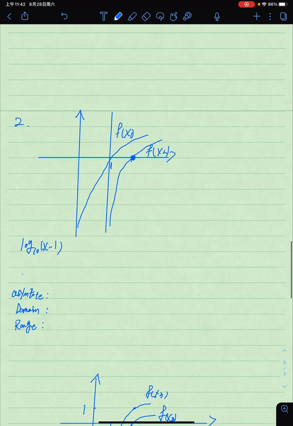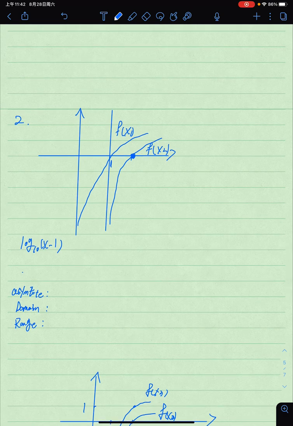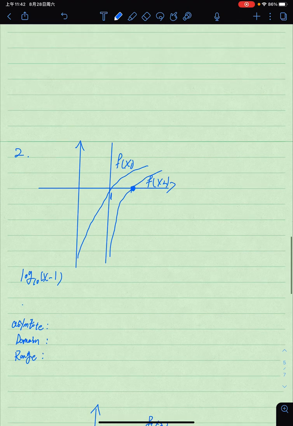Here's the second question. The second question asks us to describe what happened to the domain and range of the logarithmic function under both the horizontal and the vertical translation, and also use a diagram to support our answers. So first we use a diagram to describe the horizontal translation.